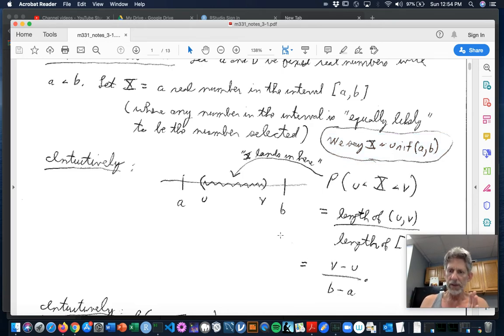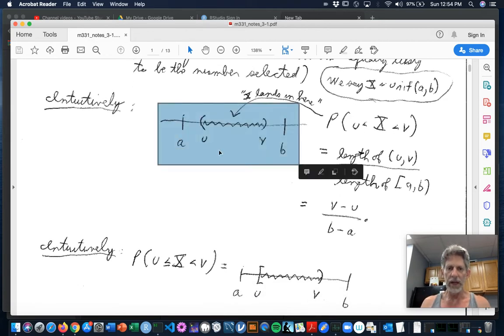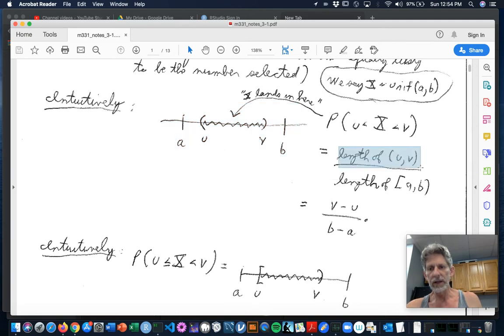So let's review the intuition we have about how these random variables ought to work. If you imagine the real number line with A and B on it, and you imagine some, say, open interval, U to V, what's the chance that X lands in that interval? What's the chance that you pick something in that interval? Well, it makes sense that it would be the length of the interval from U to V divided by the length of the entire interval you're picking from.